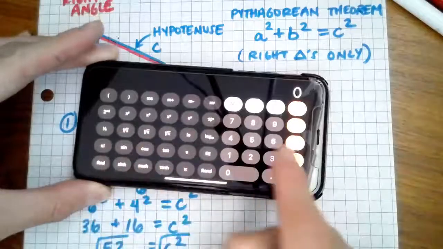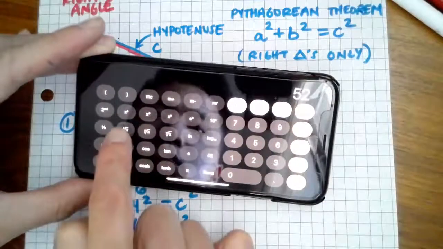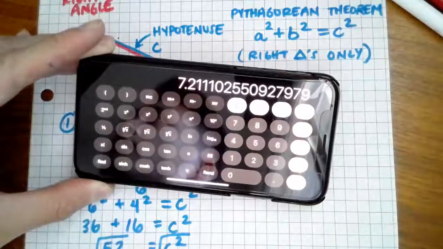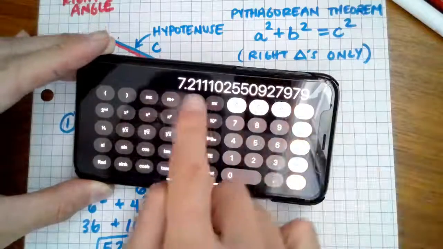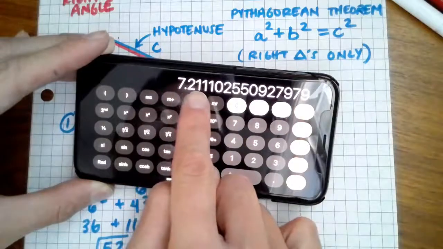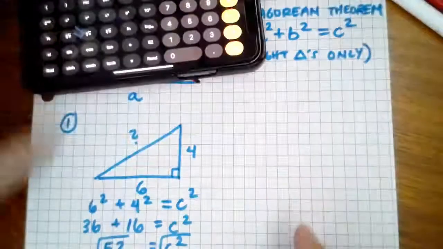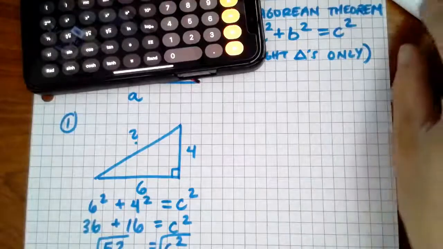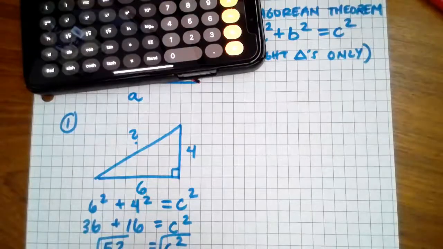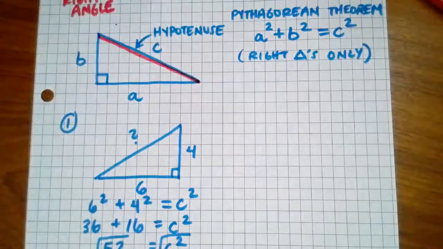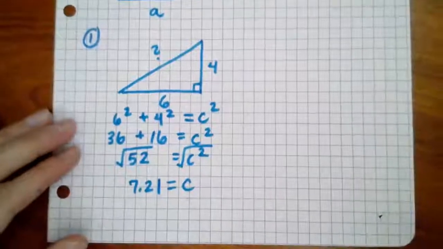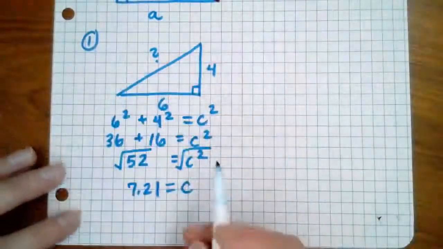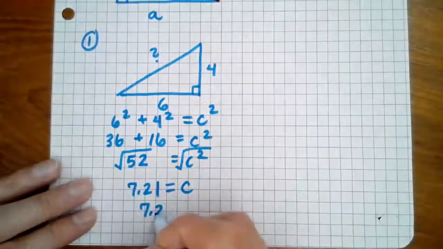So I'm going to do the square root of 52, 7.21, etc. And we're just going to round this to the nearest hundredths place, so 7.21. So the square root of 52 is 7.21. And so now I know that the length of this missing side is 7.21.